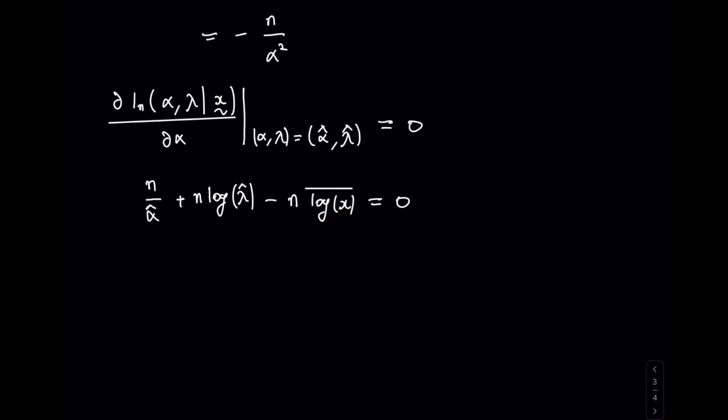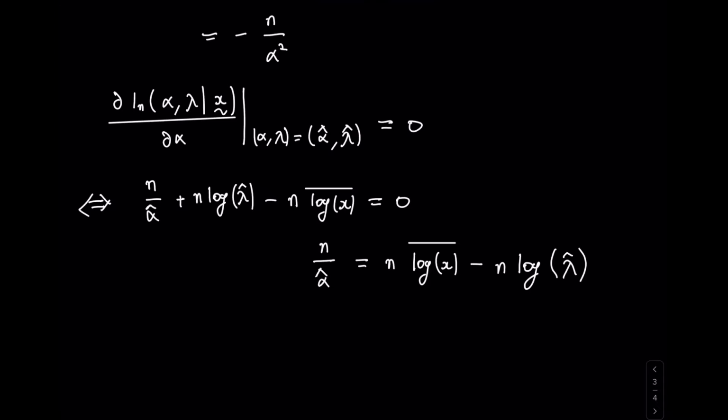Rearranging the equation, we have n over alpha hat is equal to n log x bar minus n log lambda hat, which we actually have already derived.